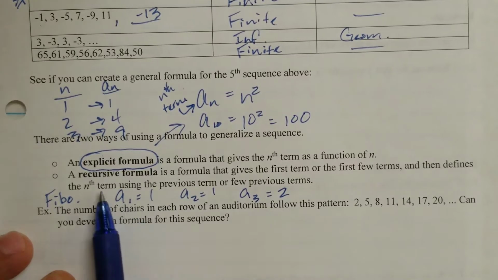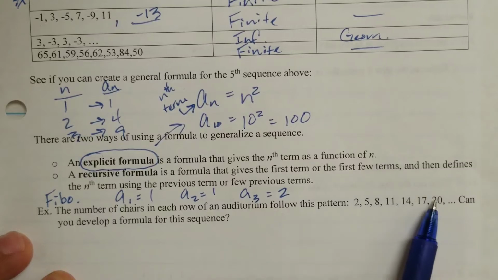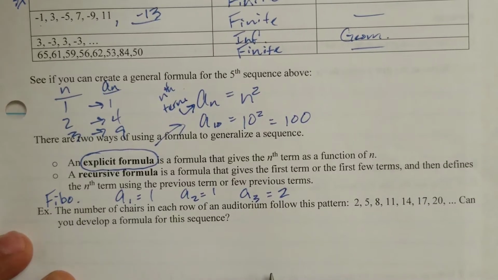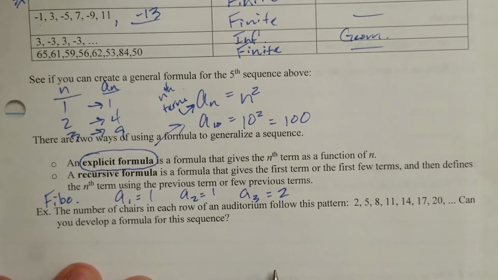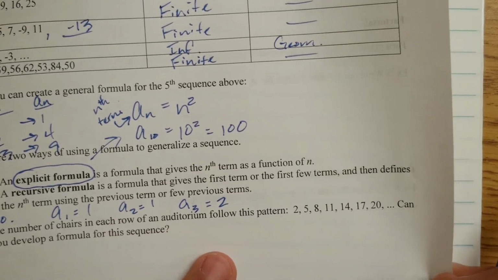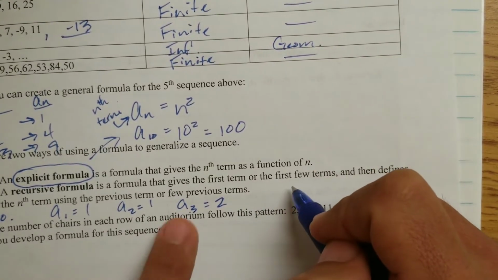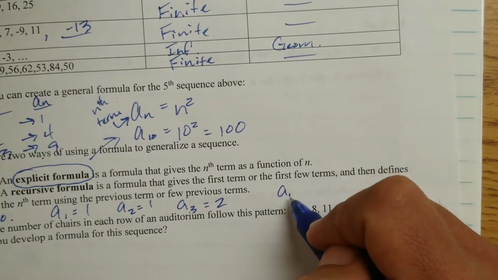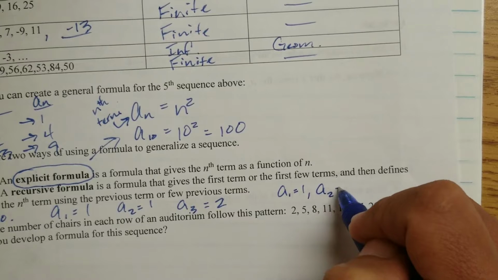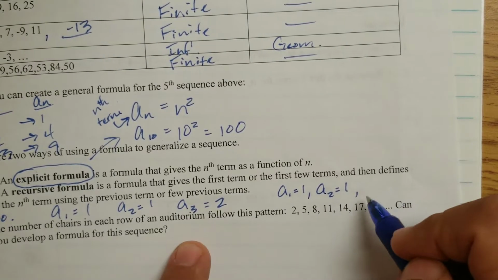So we can write that as a recursive formula using the previous terms to show that. We can say A1 is 1, A2 is also 1, and then we would write the formula.